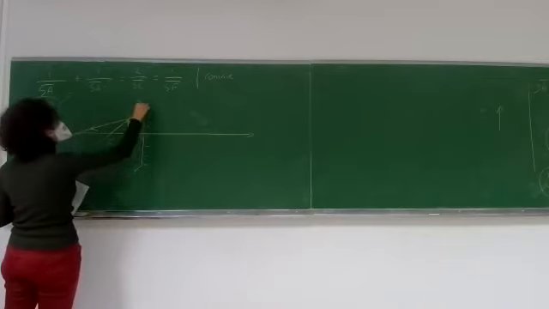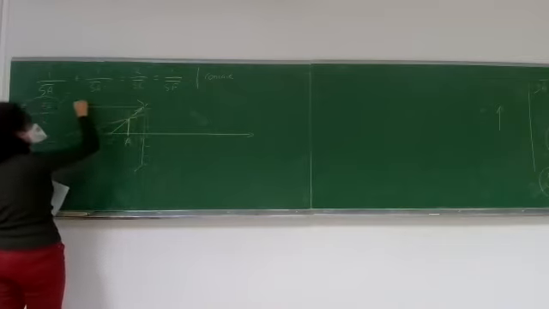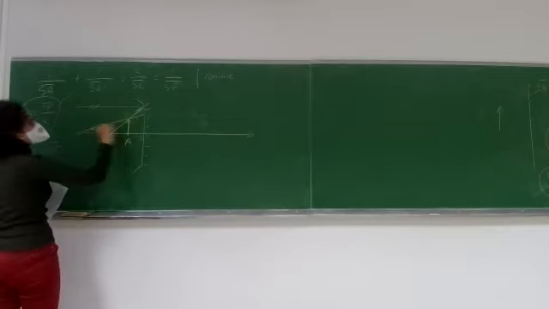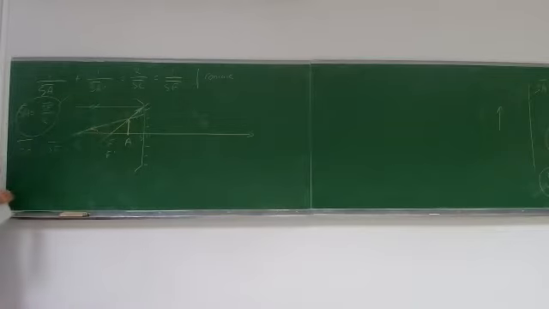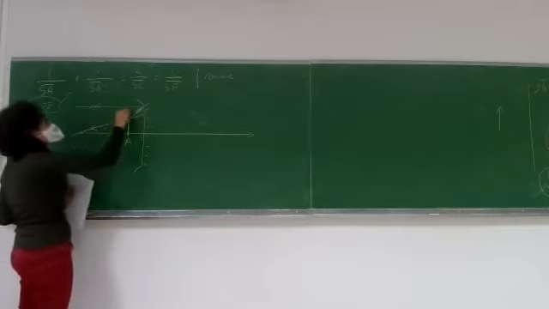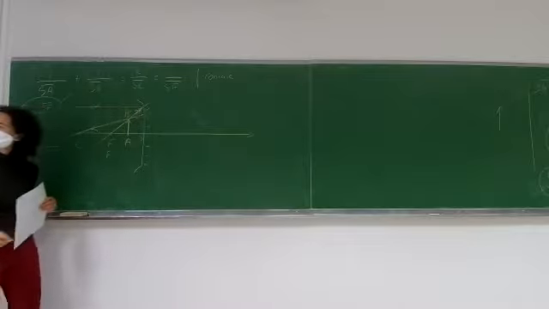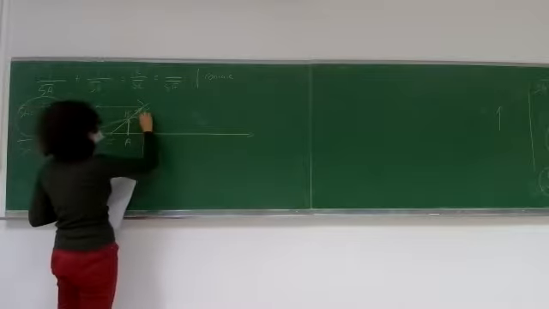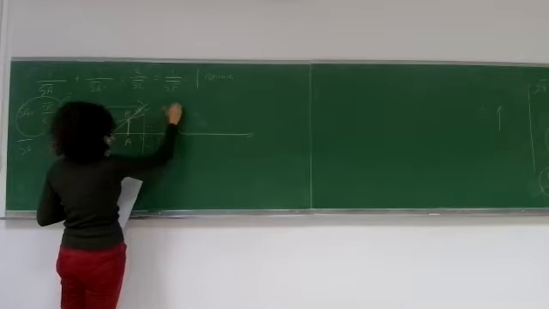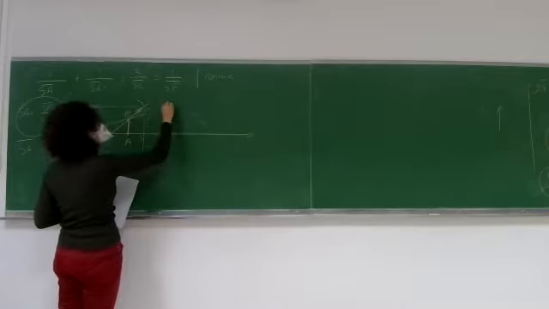It goes through F, so it comes back parallel to the principal axis. So now where is B prime? To get B prime, you see where they cross. They cross there.